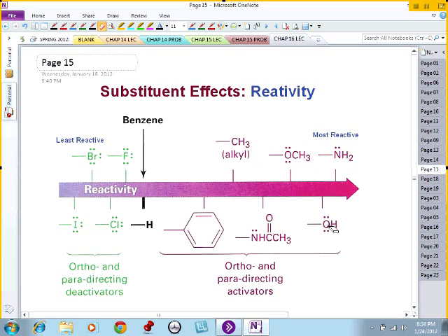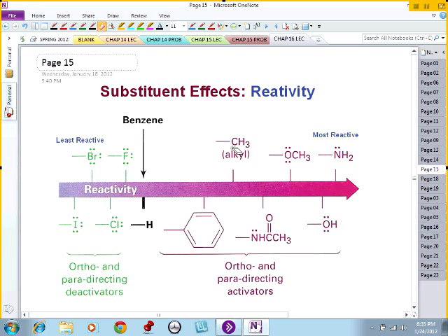Okay, the amino group and the hydroxy group, they are almost equal in terms of their activation properties on the benzene ring. But based on what this is telling us, the amino group is a better activator than the methoxy group. So if I have an amino group on the molecule and I have this methoxy group, the amino will take over. Okay, so the direction will be based on the amino group. So what this is also saying is that the methoxy group is a greater activator than the methyl group, indeed than all the alkyl groups.